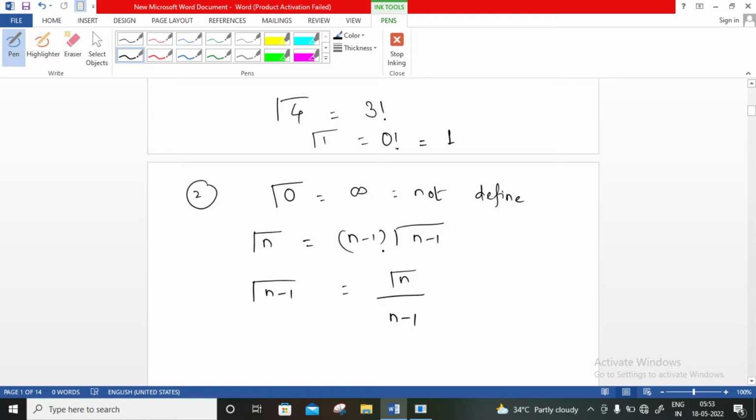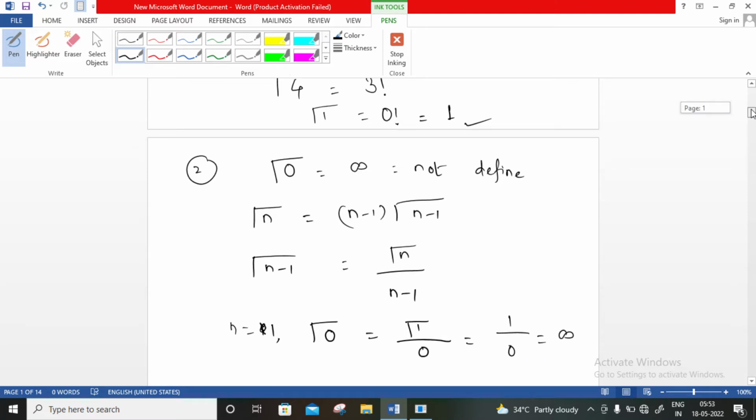When you put n equal to 1, you get gamma 1 minus 1, which is gamma 0, equal to gamma 1 divided by 1 minus 1, which is 0. And gamma 1 divided by 0 is infinity. So gamma 0 is not defined.